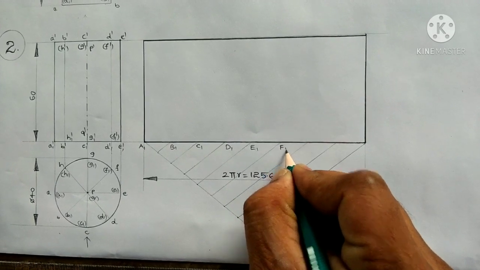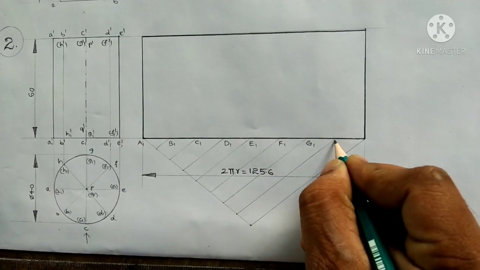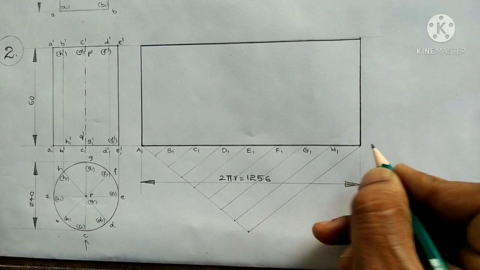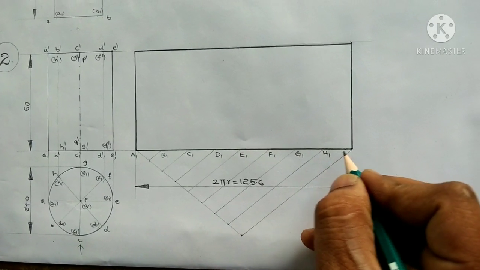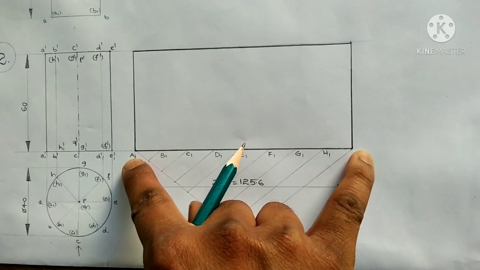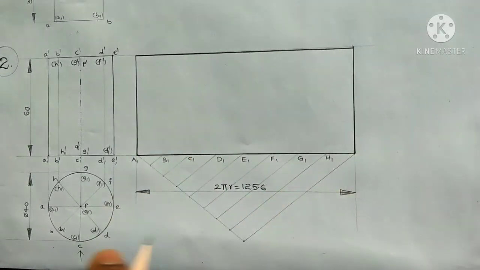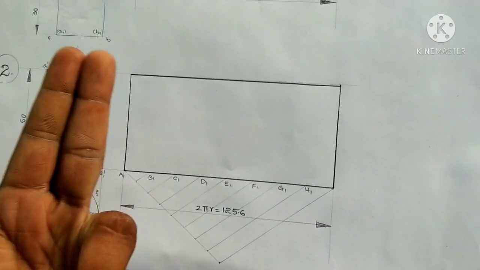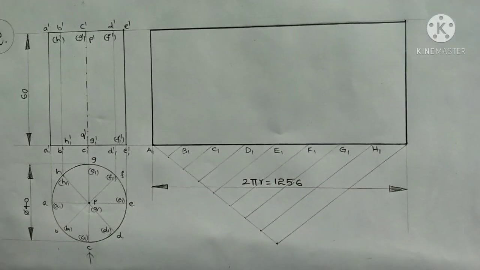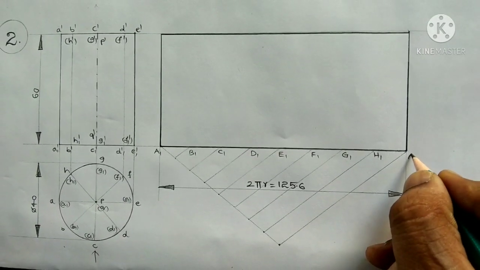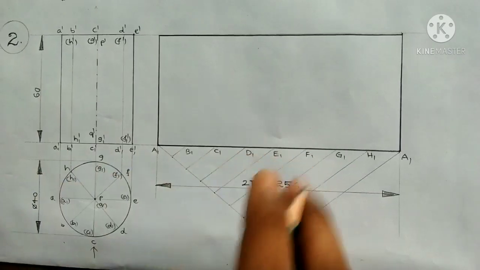And this one is F1, G1, H1, and what is the last point? I1, is it right? That is wrong. Always the first point and end point both must be the same, because whatever we are cutting, that generator can come left hand, similarly right hand. So here we keep A1 as first point, and the last point is also the same.